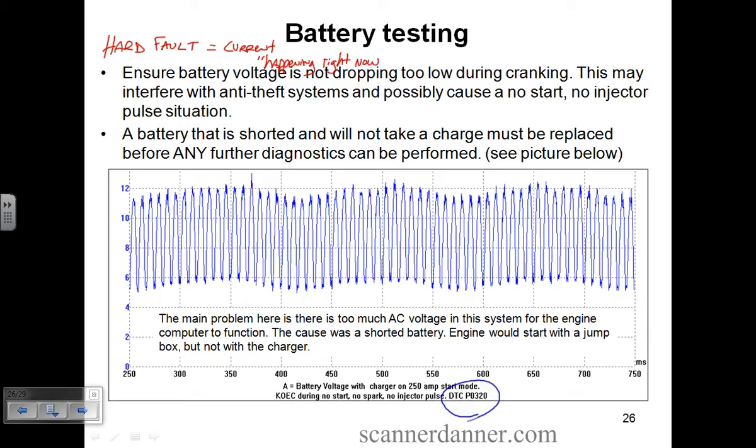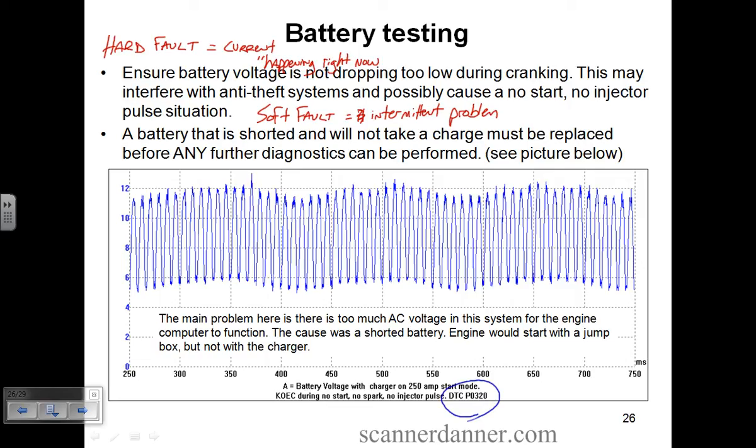And then a soft fault or soft code would be an intermittent problem that is not happening right now. So get used to those terms. I say that a lot: hard fault, soft fault, or hard code, soft code. Everybody understand what I'm talking about now?